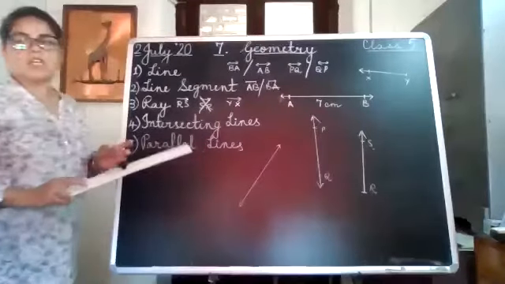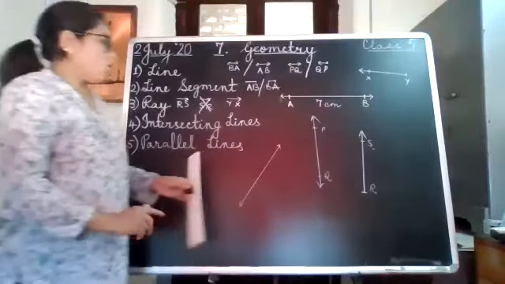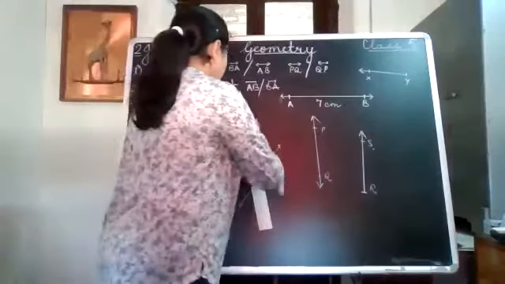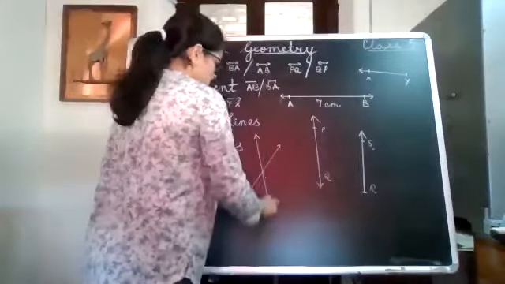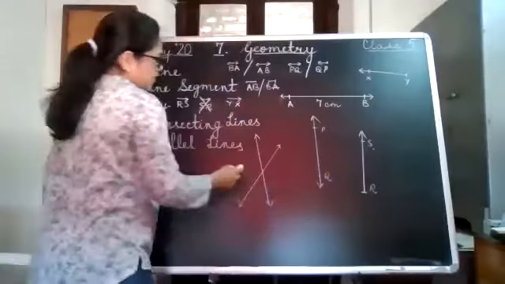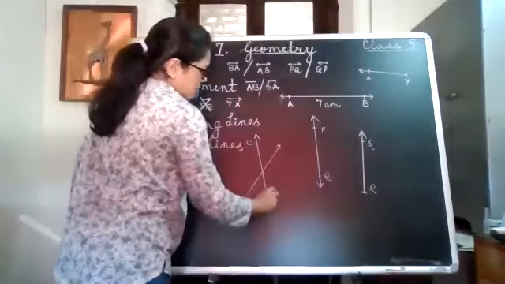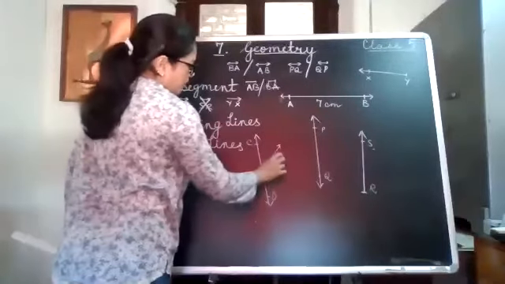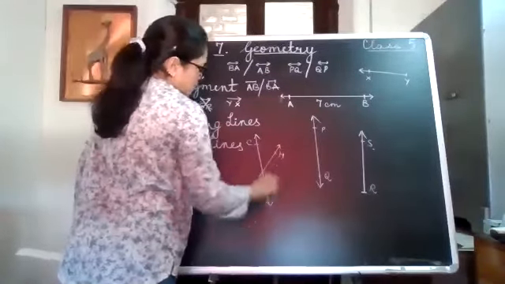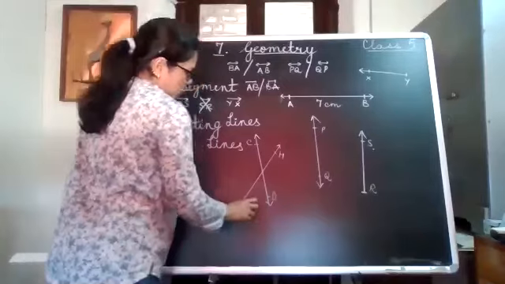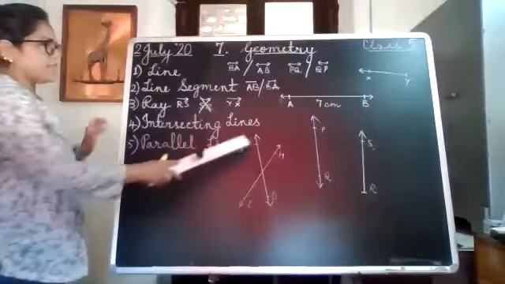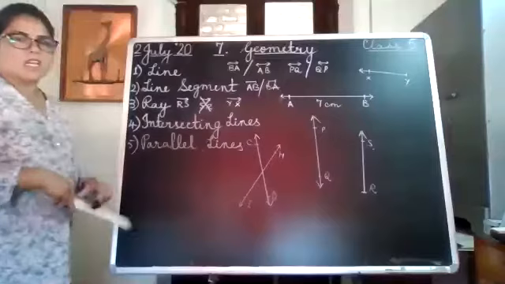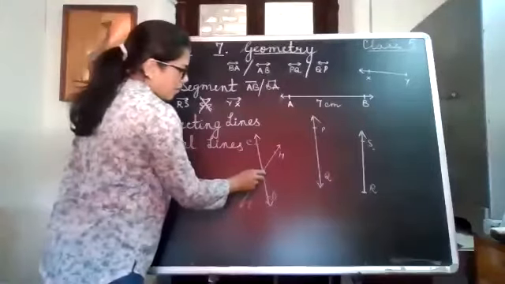Intersecting lines means two lines which cross each other at a point. So here there are two lines. Say for example, this is CD, okay, and this is say HI. So these two lines are crossing each other at one particular point.